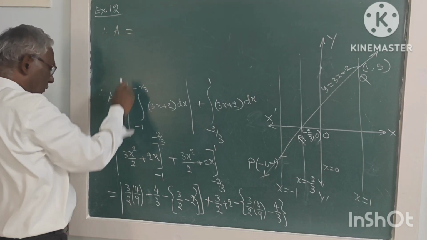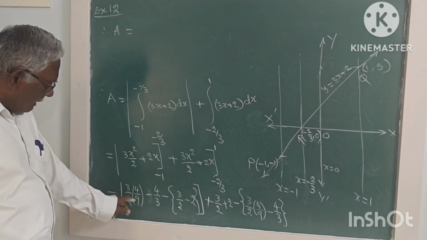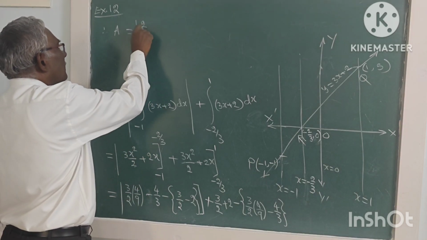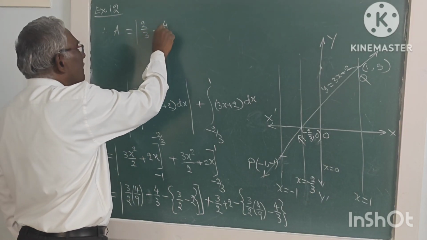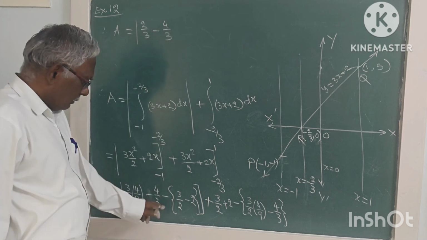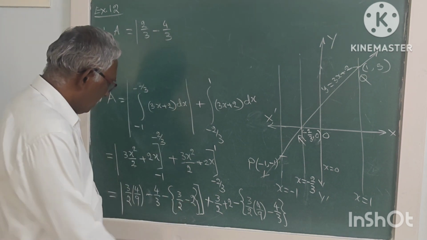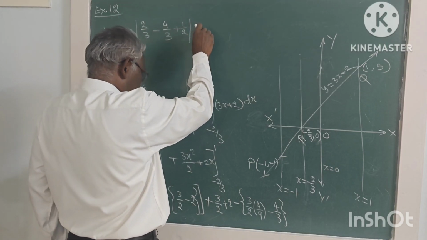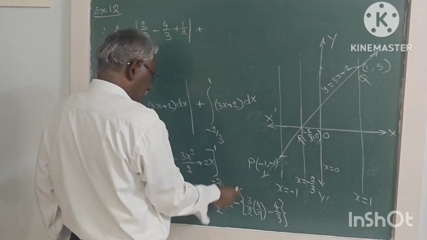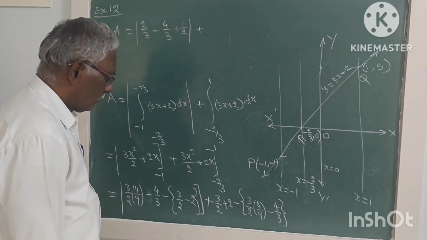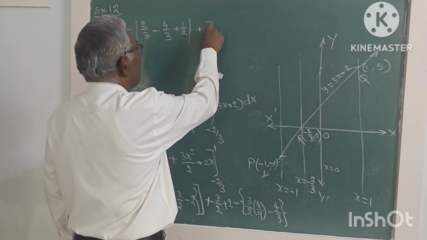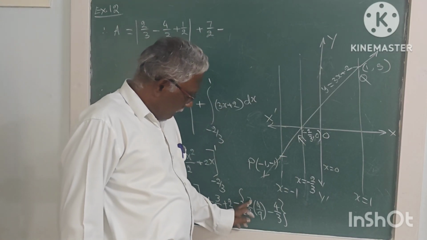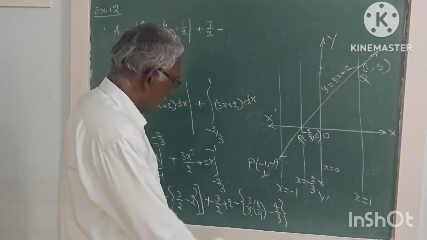Therefore, A is equal to, this will be modulus of 2 by 3 minus 4 by 3. This is minus half, so it will be plus half. Plus 7 by 2 minus 2 by 3.